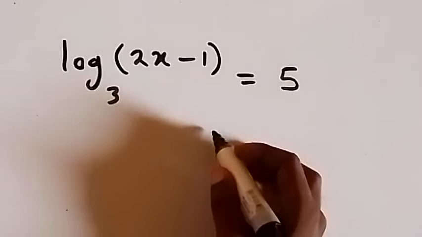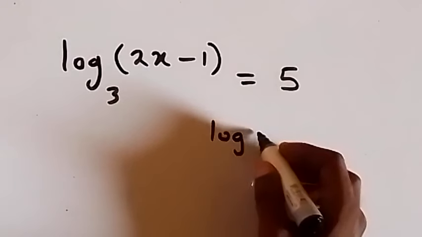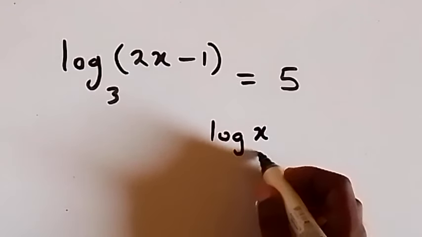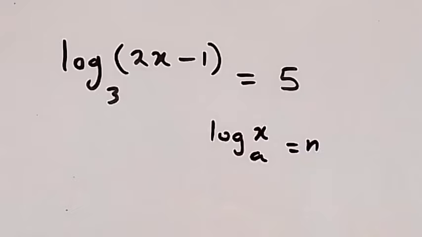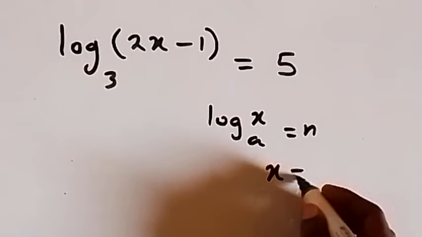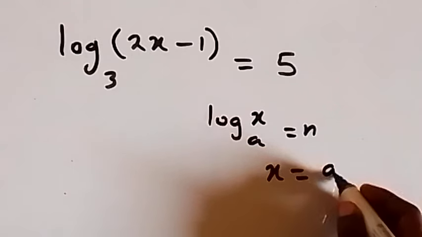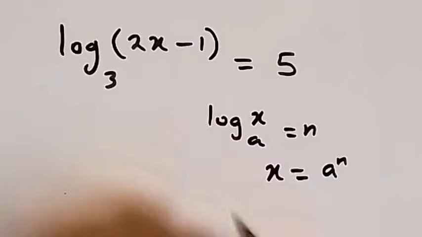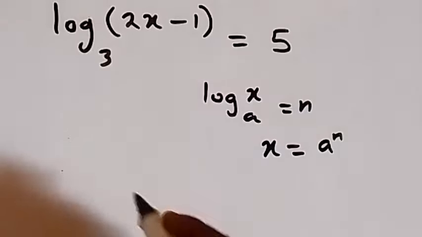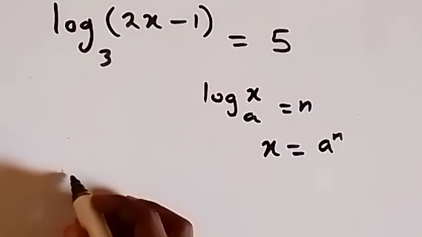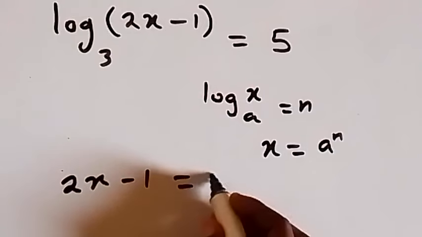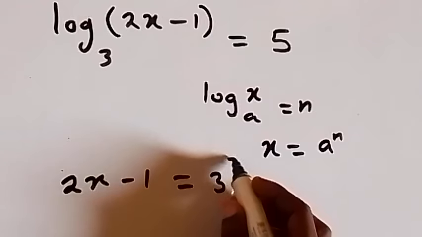When we have log x base a equals n, we can write this in index form as x equals a raised to the power n. So using this relationship, 2x minus 1 will be equal to 3 raised to the power 5.